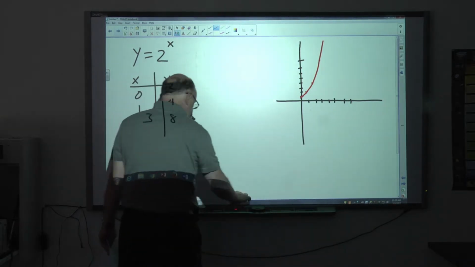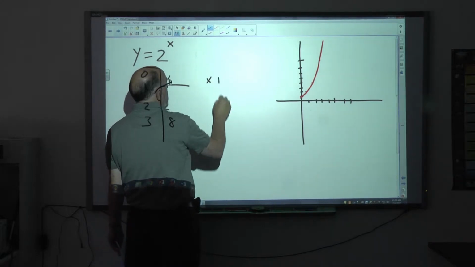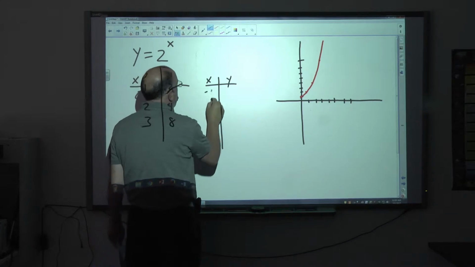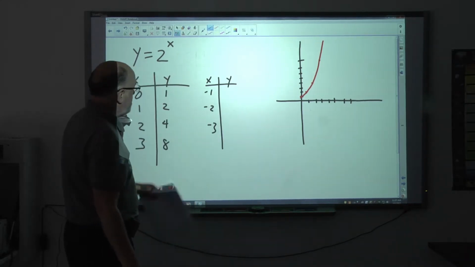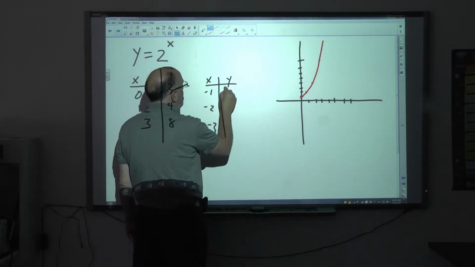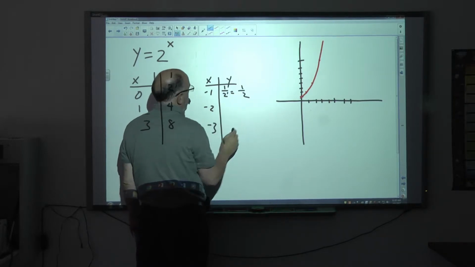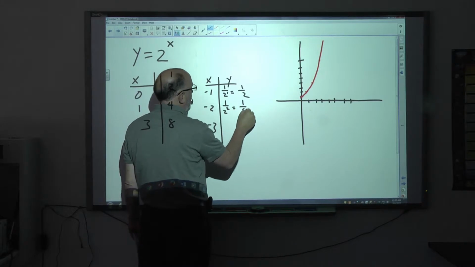And then what happens when we go in the other direction? If this is minus 1, minus 2, minus 3, a negative exponent would be the same as 1 over 2 to the first, so this is 1/2. This would be 1 over 2 squared, so 1/4.